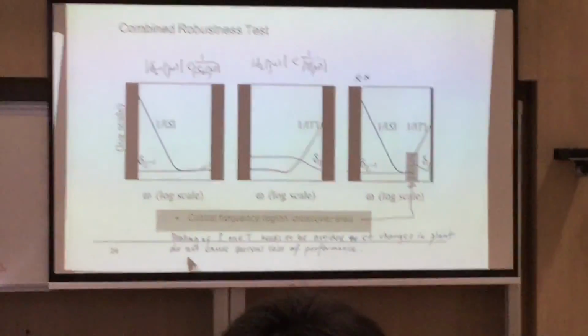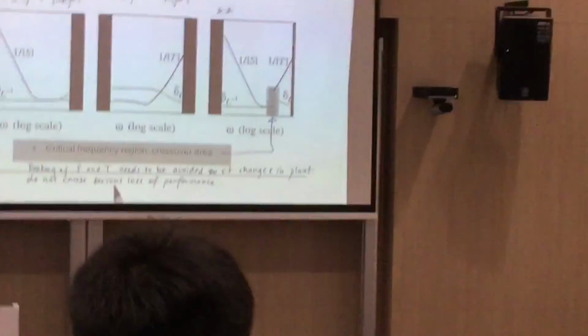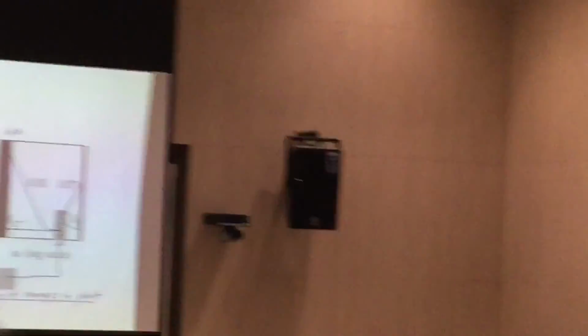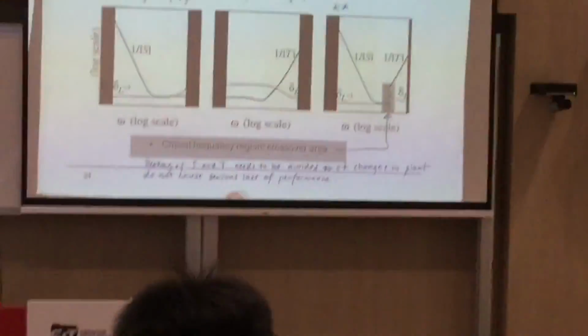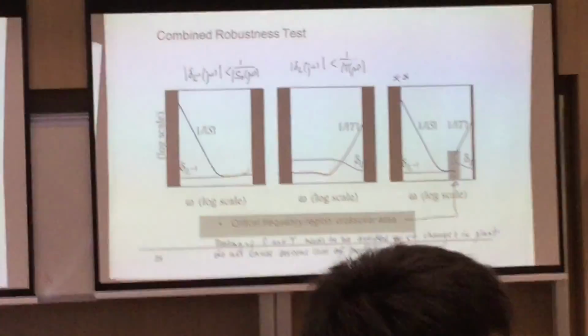And in this crossover region, we want to avoid peaking of S and T, so that changes in the plant will not cause a serious loss of performance.